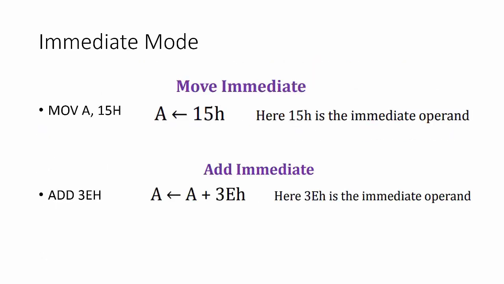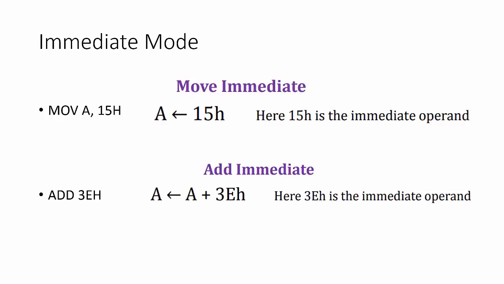here are two more examples related to immediate mode, so let's discuss. First example is MOV A, 15H. So in this instruction, what is the immediate data? That is 15H. 15H represents a hexadecimal number.